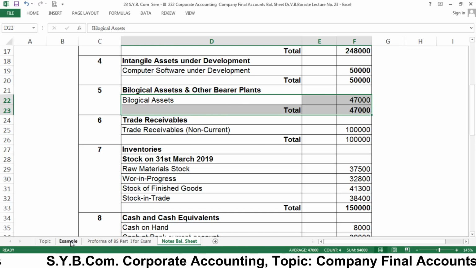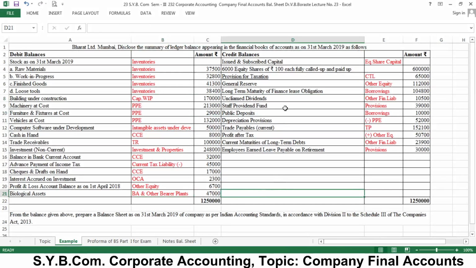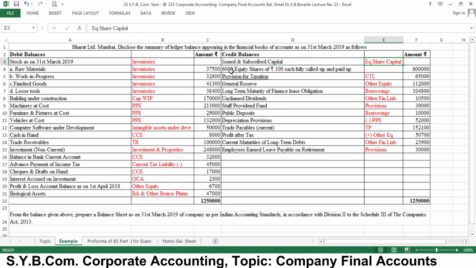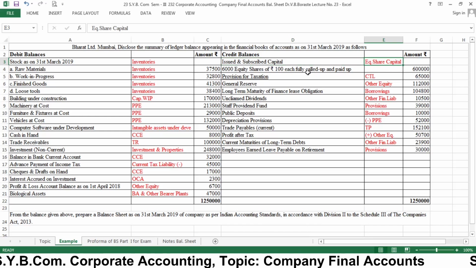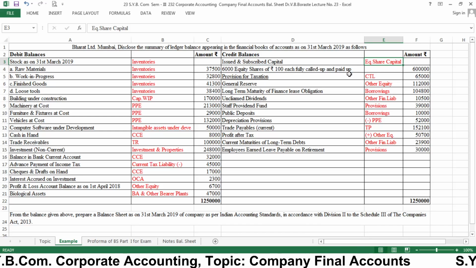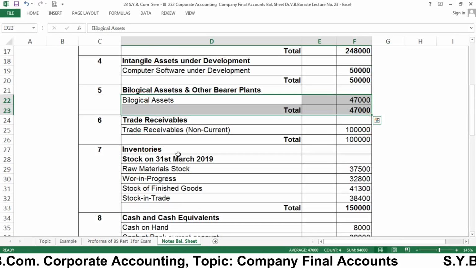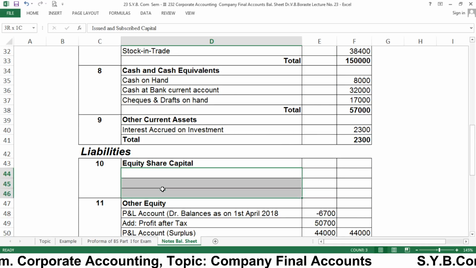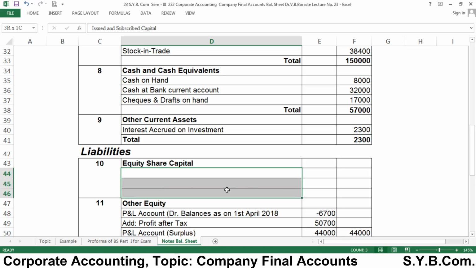After that, on the credit side, there are certain items: issued and subscribed capital, that is equity share capital, 6,000 equity shares of rupees 100 each, fully called up and paid up, rupees 6 lakhs. So it is a liability. On the liability side, the first note is equity share capital.